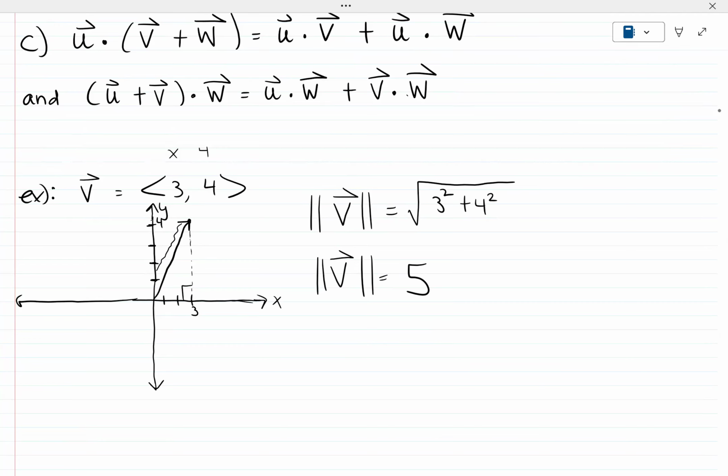To find the magnitude of v, take the square root of x squared plus y squared, or 3 squared plus 4 squared. You get 5, so the entire magnitude is 5. That's a little bit of a review.